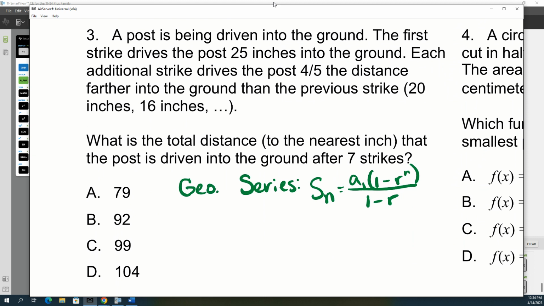Okay, and so N is basically the number of strikes. And so this is going to be S sub 7. Do you guys remember what A sub 1 is on all of these formulas? The first term. And so the first term is how much it drove it in the first hit, which is going to be 25.